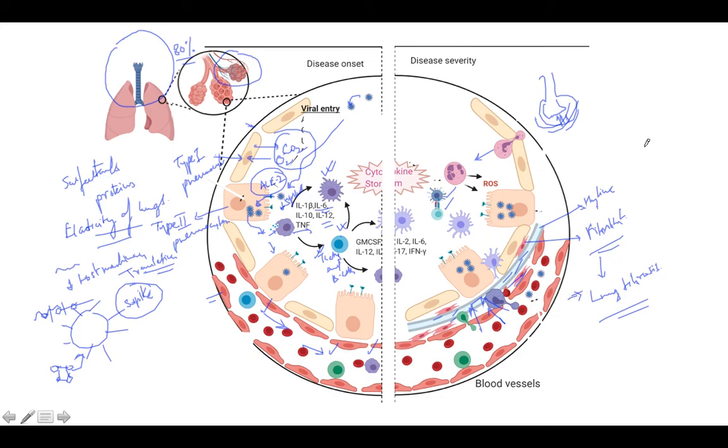This is what we call ARDS, acute respiratory distress syndrome. In this case the patients require ventilators, or support for respiration to continue. They are unable to breathe properly by themselves.